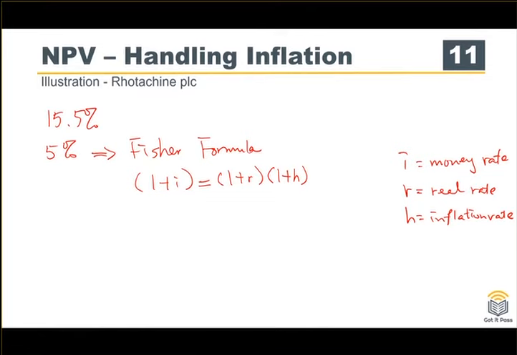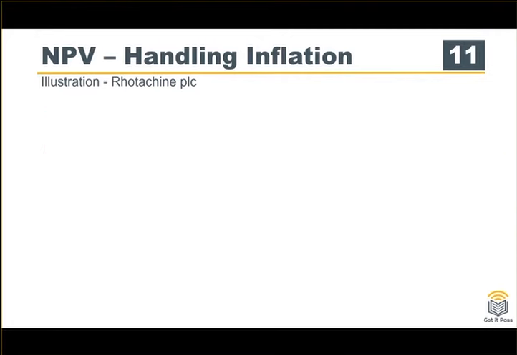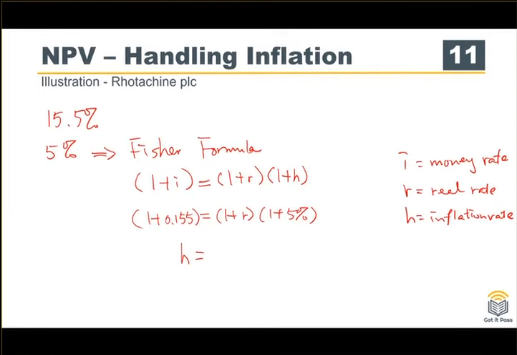So given the money rate is 15.5%, you have to find the real rate R given inflation is 5%. Solve this formula, you can find R, which is, let me check, R should be 10%.